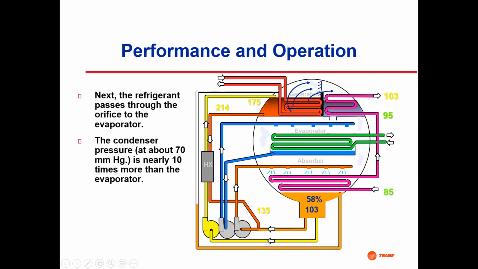Okay, next, refrigerant passes through the orifice to the evaporator. We're showing just one orifice. There's several in here, really. But these are sized so that we keep some depth of water built up on top of this, in order, it kind of seals the high pressure side from the low pressure side.